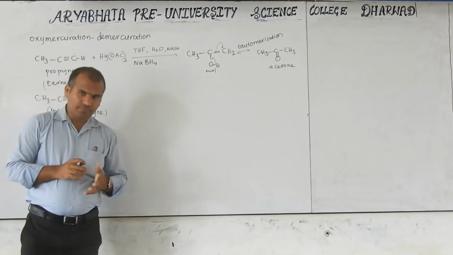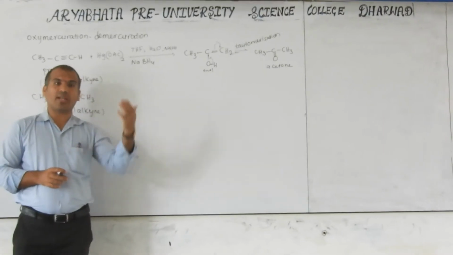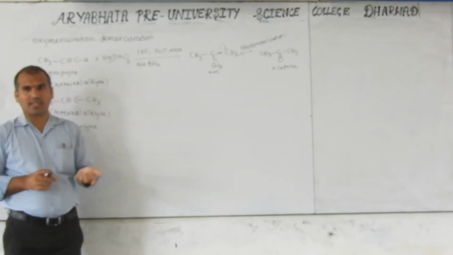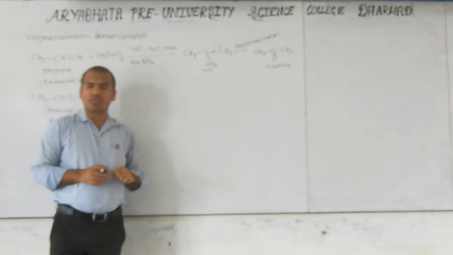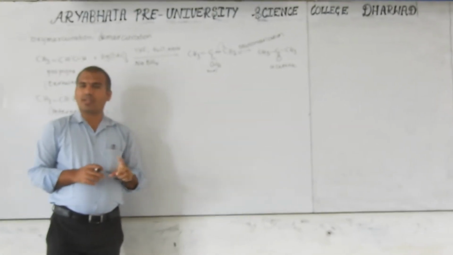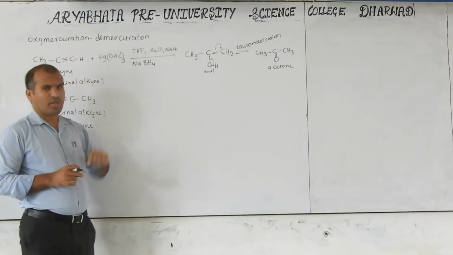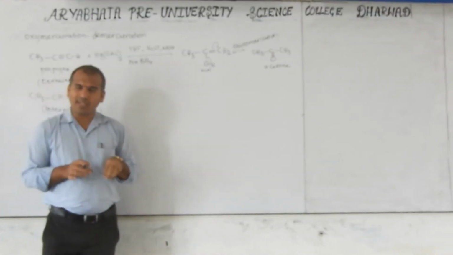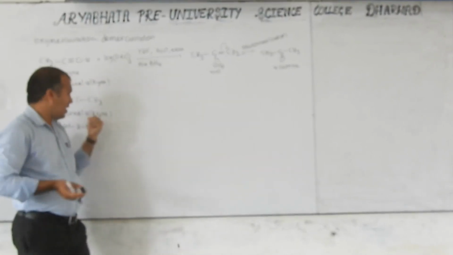If you take a terminal alkyne in hydroboration oxidation, we get an aldehyde, as in the last class. If you take a terminal alkyne here, we get a ketone. So this is the difference between hydroboration oxidation and oxymercuration, demercuration. But if you take an internal alkyne, in both cases we will get a ketone.